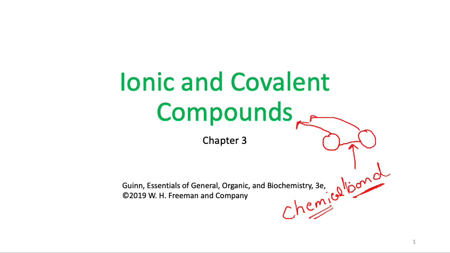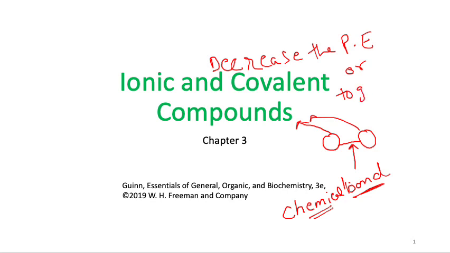So the purpose of atoms going from individual atoms to forming a compound is to decrease the potential energy, or you can say to get stability. So that's the purpose of making a compound.